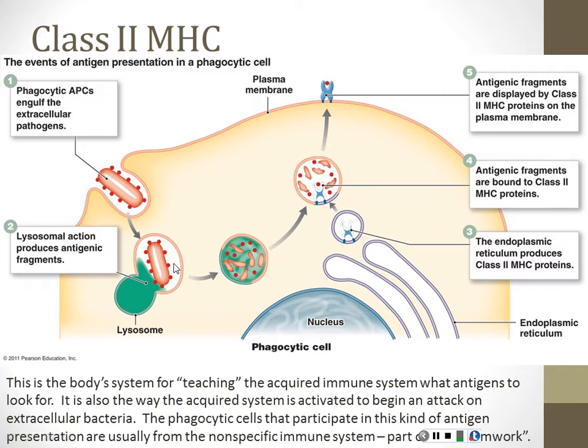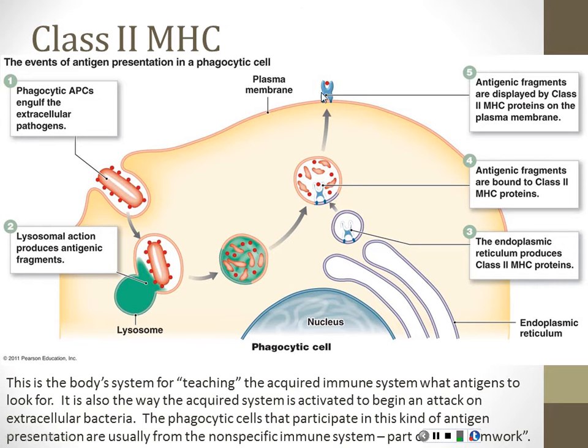So here we have bits and pieces of a bacteria. Those are antigens, right? Bits and pieces of a thing. Well, some of those antigens end up packaged in a slightly different mailbox and displayed on the surface of the macrophage. Now, because it's a different molecule, it's a different message.